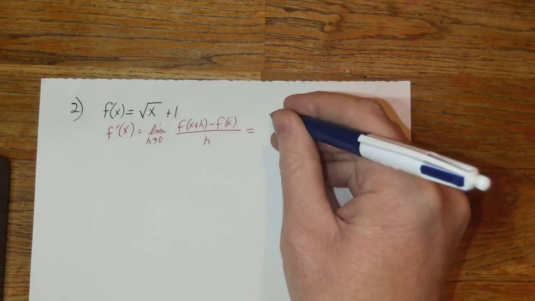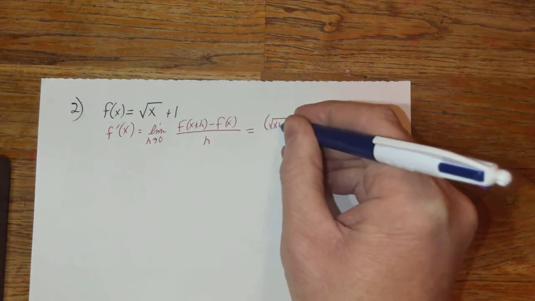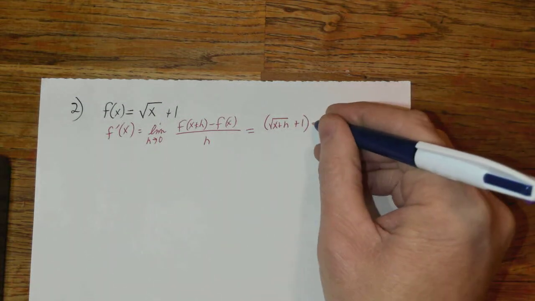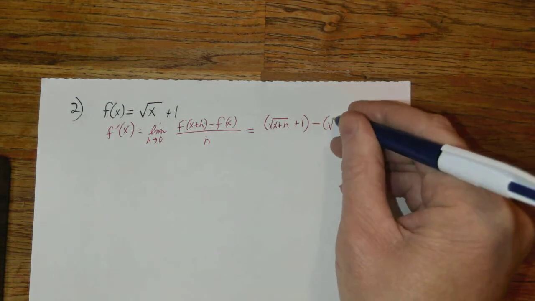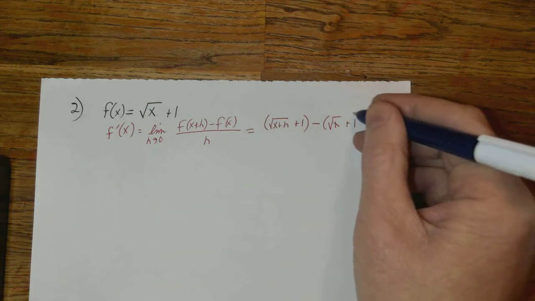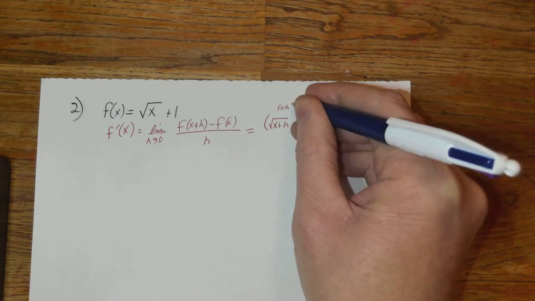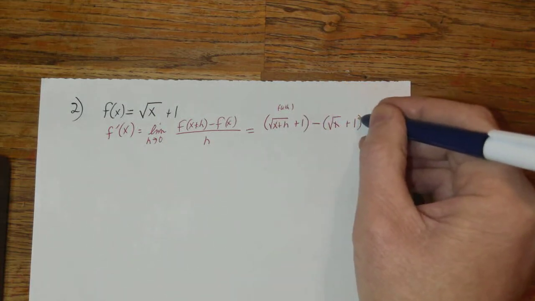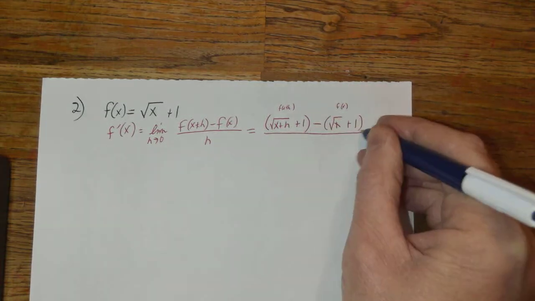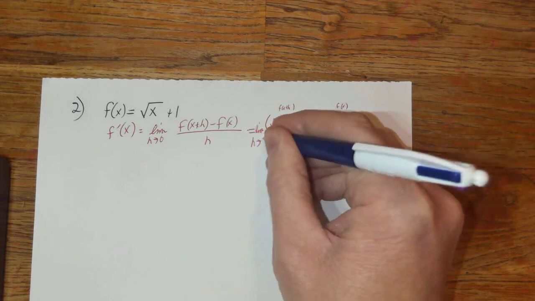So the f of x plus h, I have to do the square root of x plus h, and then I still have that plus 1 out there, minus the square root of x plus 1. So this part is the f of x plus h right here, and this is just plain old f of x, and that's over h. Don't forget your limit as h approaches 0.